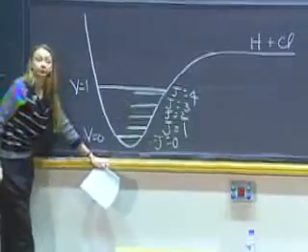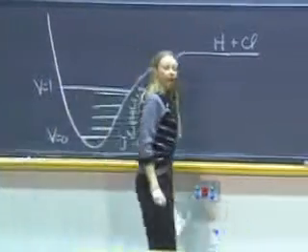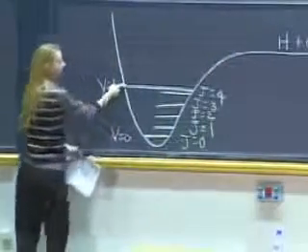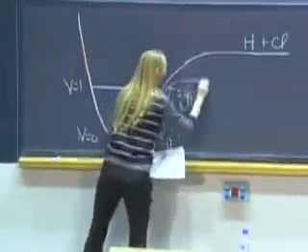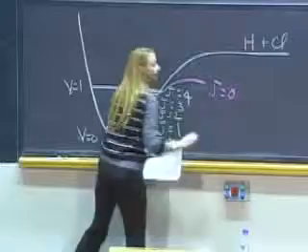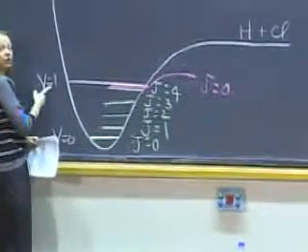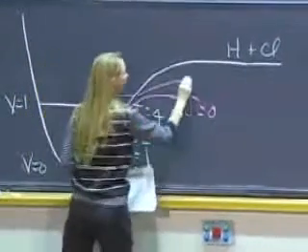All right? But you can also have a molecule in the first excited vibrational state right here and in the J equals 0 state. Well, if that's the case, it has that energy. You can also have a molecule in the first excited vibrational state and the first excited rotational state.